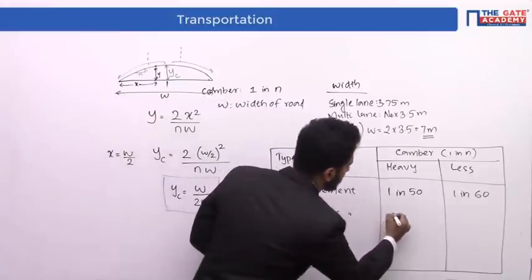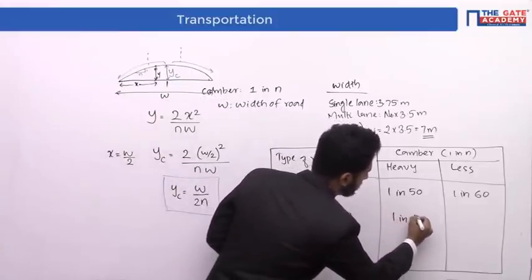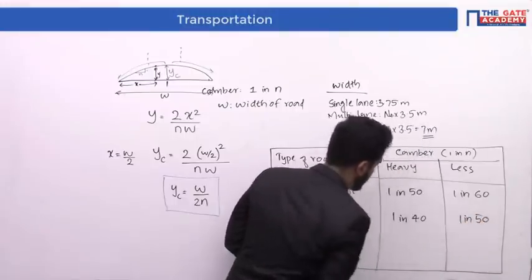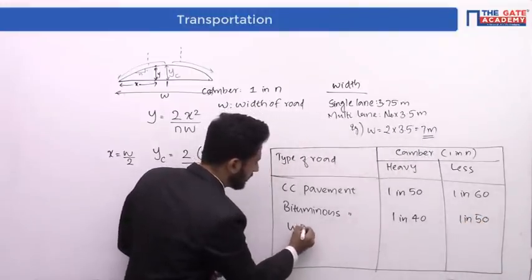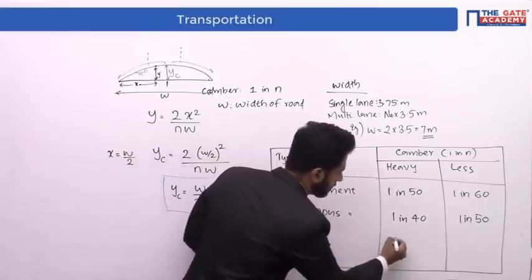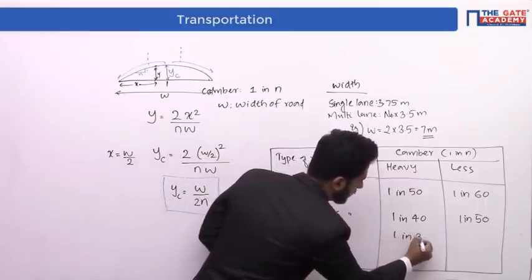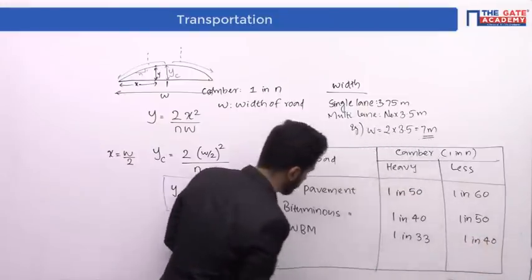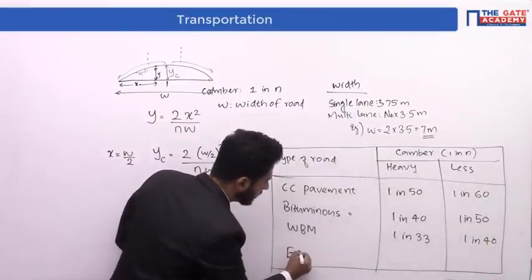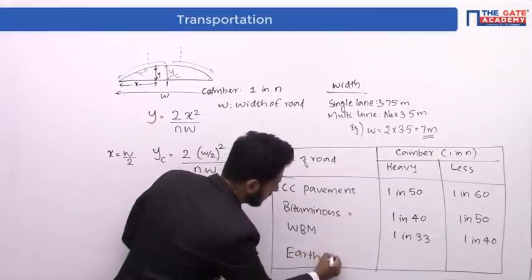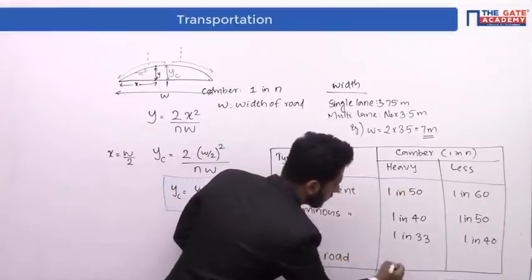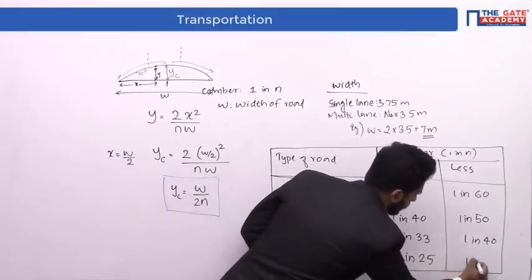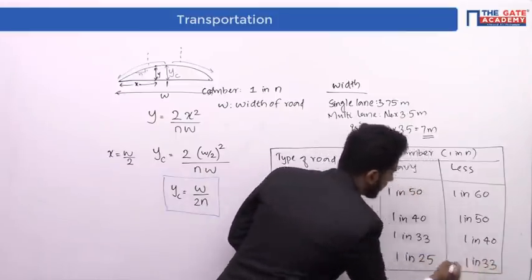So it will be 1 in 40 and 1 in 50. If it is a water-bound macadam, we will provide 1 in 33 and 1 in 40. And if it is an earth road, we will provide 1 in 25 and 1 in 33.